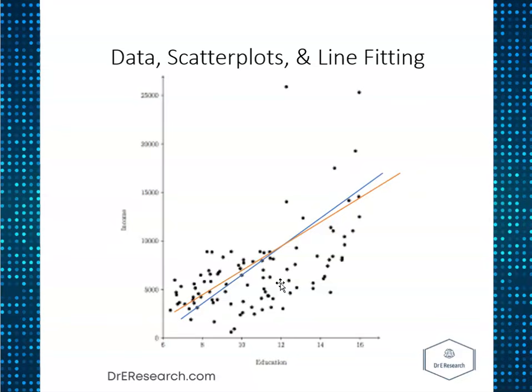Well, it depends on how you define best fitting line. And there might be a variety of ways people could come up with. You might decide, well, what's the average total distance of these points from the lines, but then you have to ask yourself in what direction and so forth.